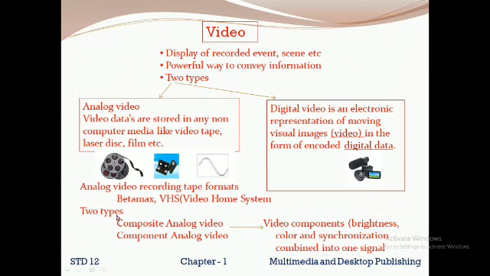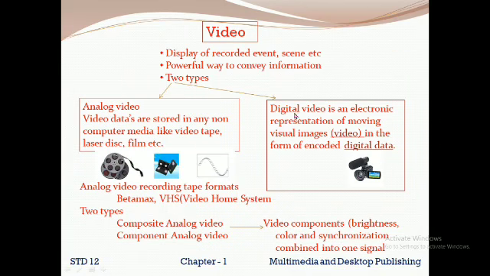Analog video is of two types: composite analog video and component analog video. Composite analog video has all the video components like brightness, color and synchronization combined into one signal.